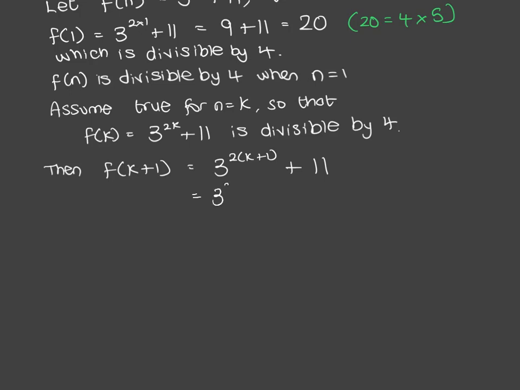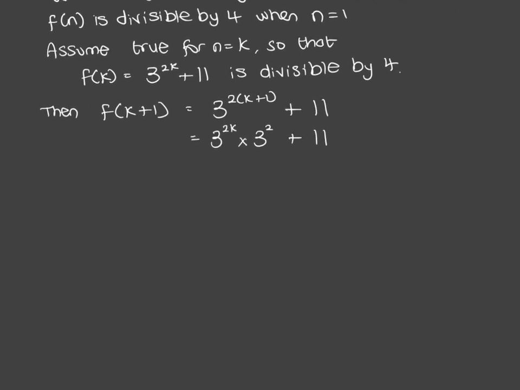Now, remember, that would be the same as 3 to the power of 2k times 3 squared, plus 11. When you multiply, you add the powers. 3 squared is simply 9. So we can say that's the same as 9 times 3 to the power of 2k, plus 11.